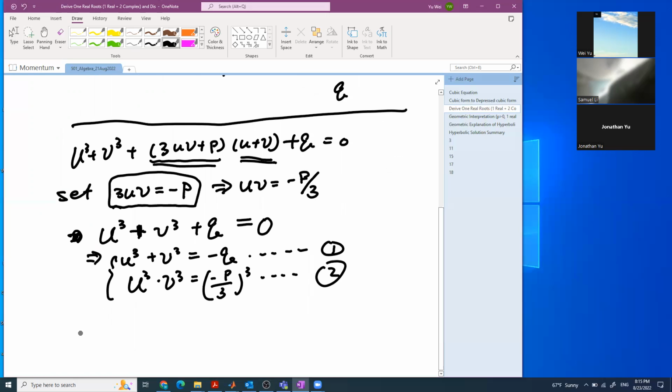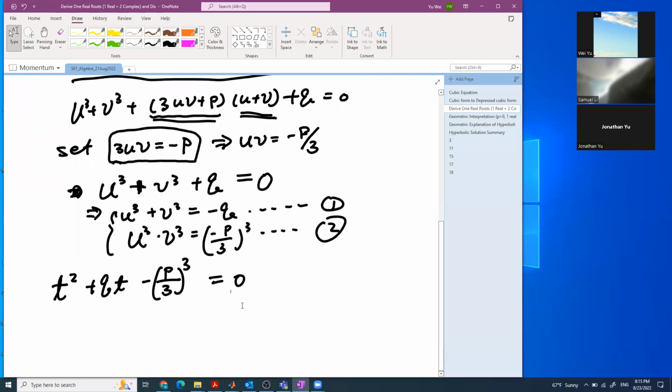So Vieta tells us, let's take which variable I want to use. Let me use t. So we have t squared, plus q t, then minus p over 3 cubed equals 0.